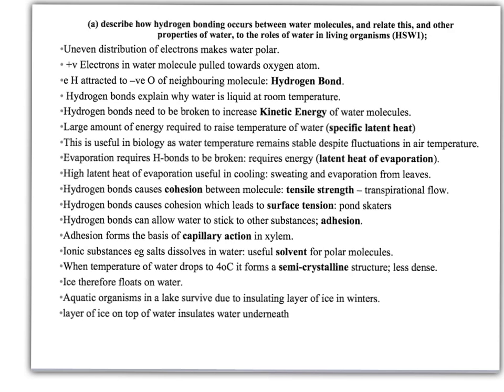Okay, another feature of water is that when it drops below 4 degrees centigrade, it becomes a semi-crystalline structure which has less density than liquid water, which means that ice floats.